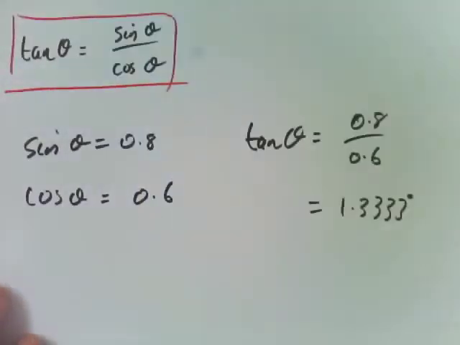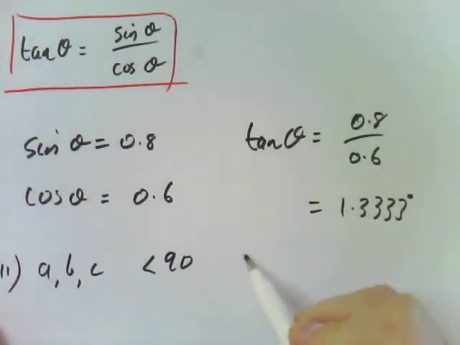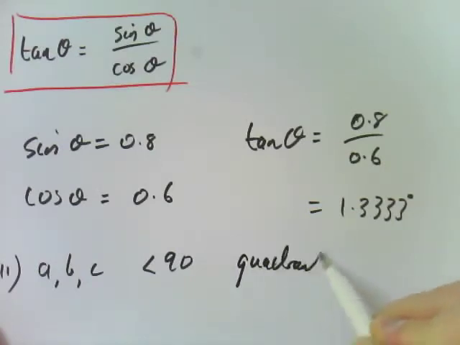Question 11 somewhere. 11, okay. So we've got A, B and C are less than 90, which means they're in quadrant 1.